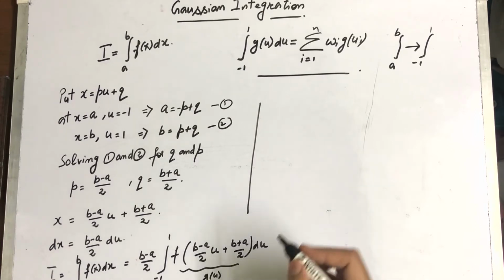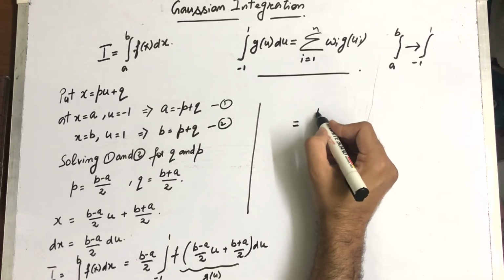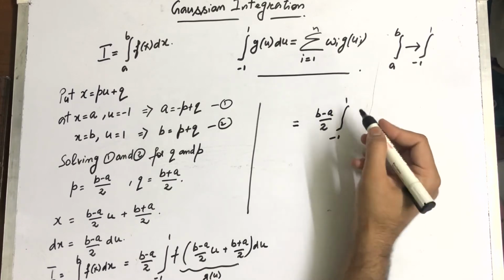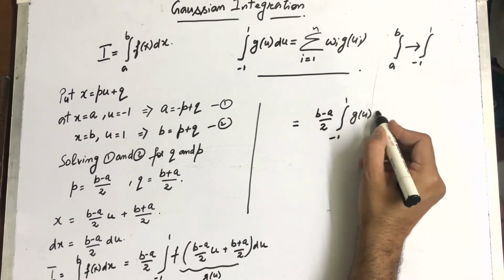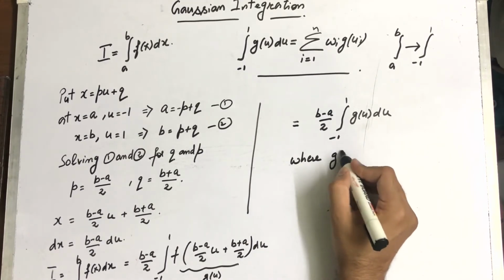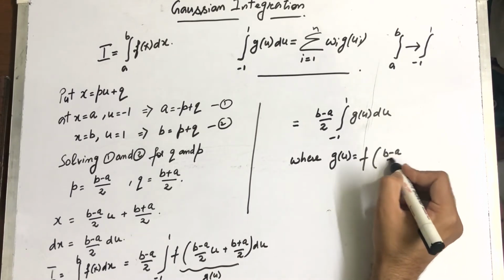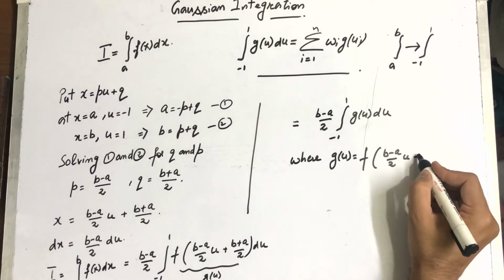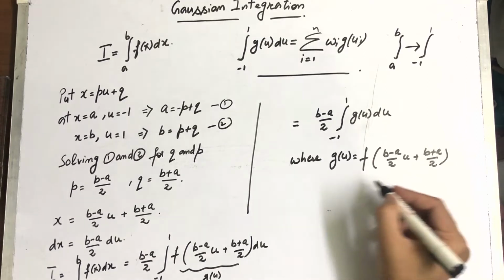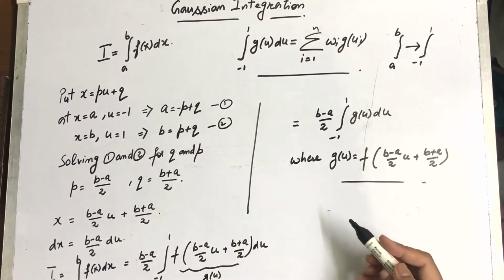So it becomes (b minus a) upon 2 times the integral from -1 to 1 of g(u) du, where g(u) is f of ((b minus a) by 2 times u plus (b plus a) by 2). So this is how we can transform the given integral into this form.